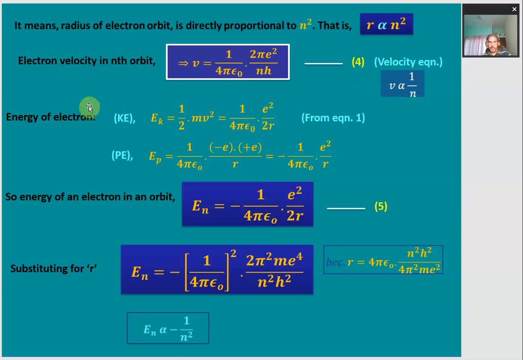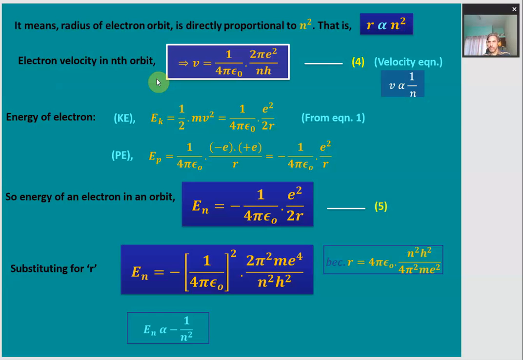Now, because we have already understood the radius and the velocity of the electron in any orbit according to Bohr's quantum theory of the atomic model, we can calculate the energy of that electron in any specific orbit.